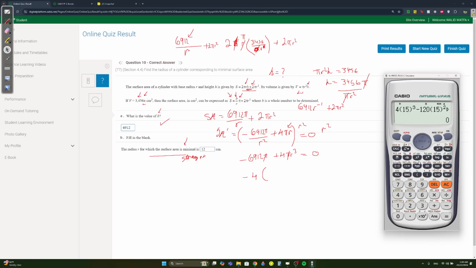What do you get? 6912 divided by 4, 1728 minus r cubed is equal to 0. So what's r? Just the cube root of 1728. 12. So you only get one solution, r equals 12.